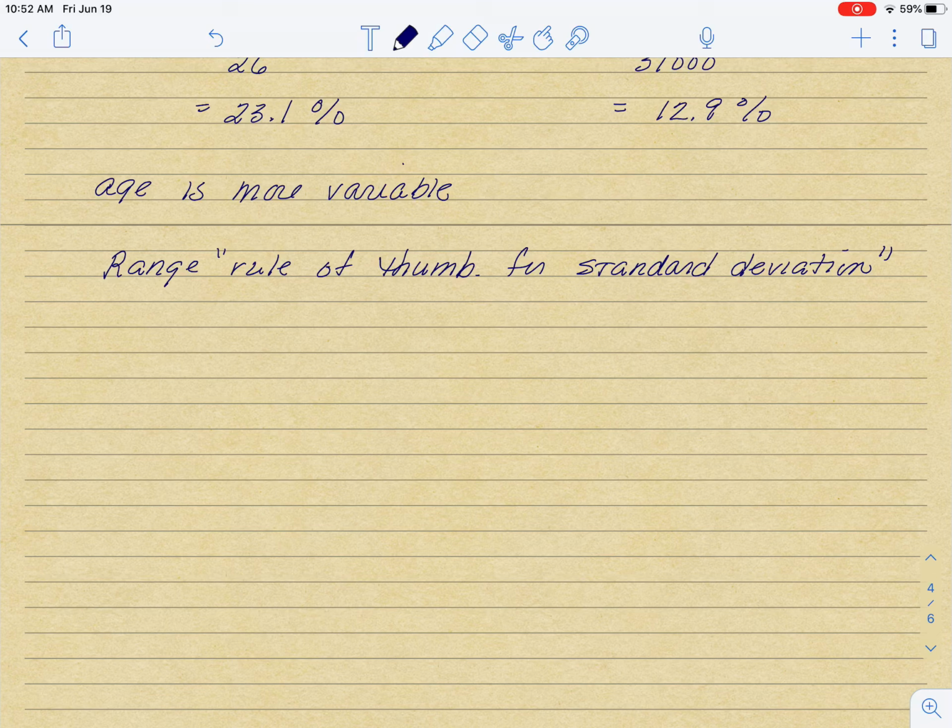This rule of thumb for standard deviation uses the range, and it says a really rough estimate of the standard deviation of a population is going to be the range divided by 4.